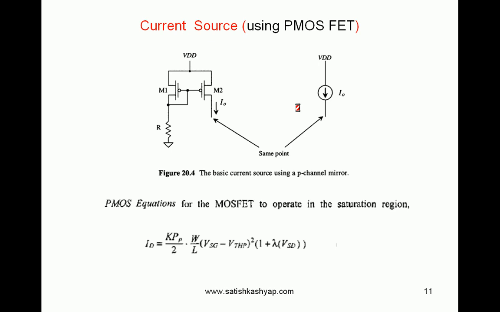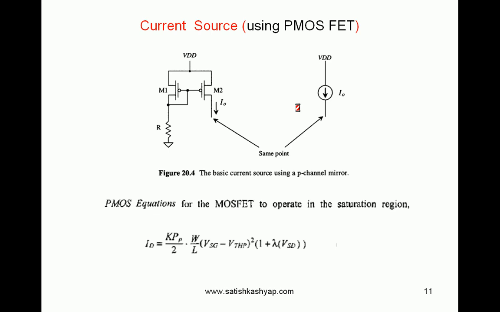And the output current equation of PMOS can be written like this. PMOS equations for the MOSFET to operate in saturation region are the same as NMOS equations, where instead of VGS, we write VSG minus VTP.